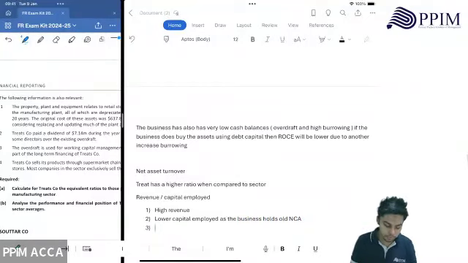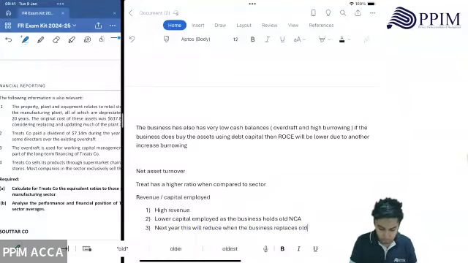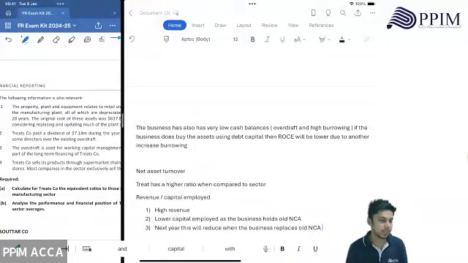You can also say that next year this will reduce when the business replaces old non-current assets. Next year, what's going to happen? They will be replaced, so capital employed will be high. Capital employed being high means the ratio will go down.